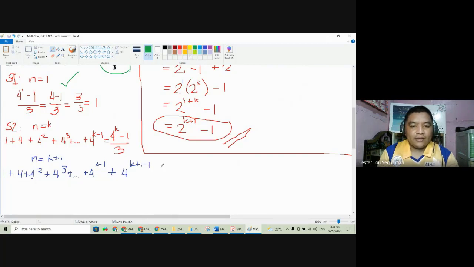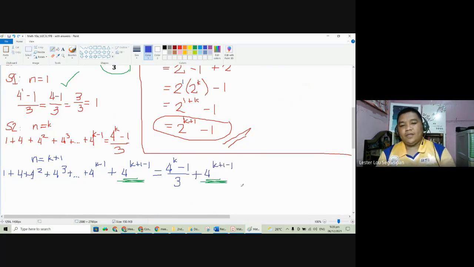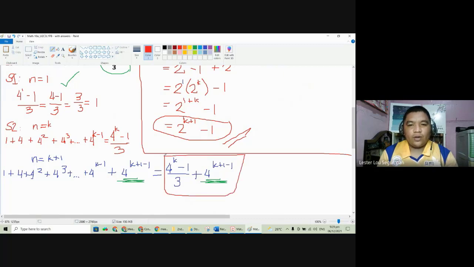This is what we're going to add on this side, and this should be equal to the same expression, 4 to the power of k minus 1 all over 3, plus the same term that was added. So this is the item that we are going to manipulate and show later on that this could equal an endpoint.